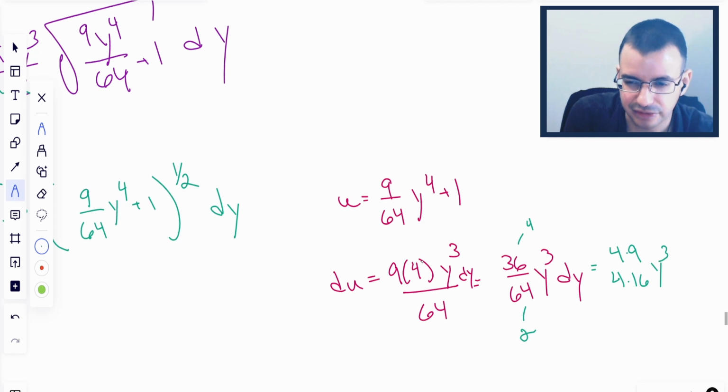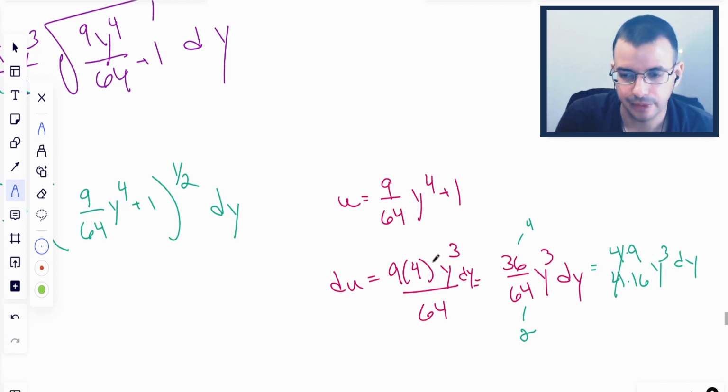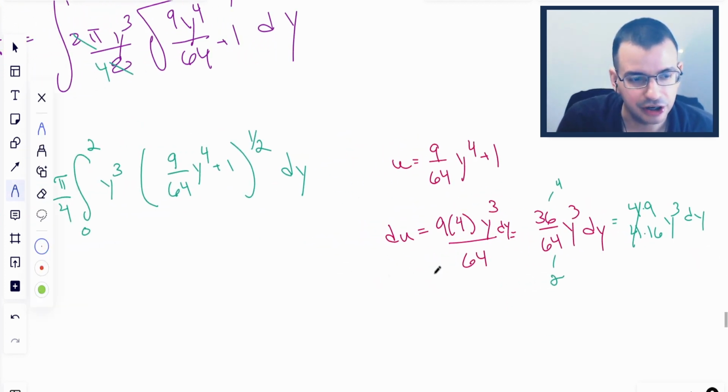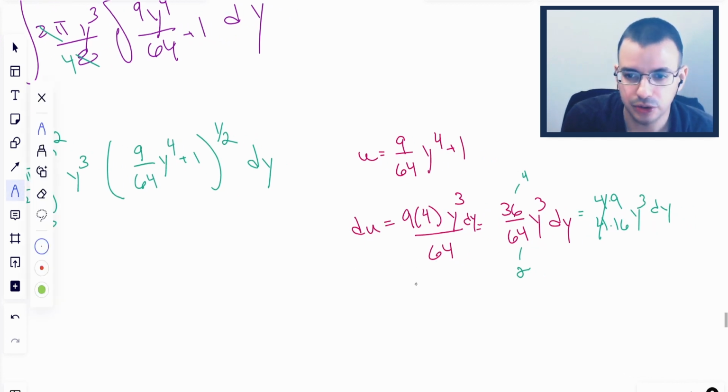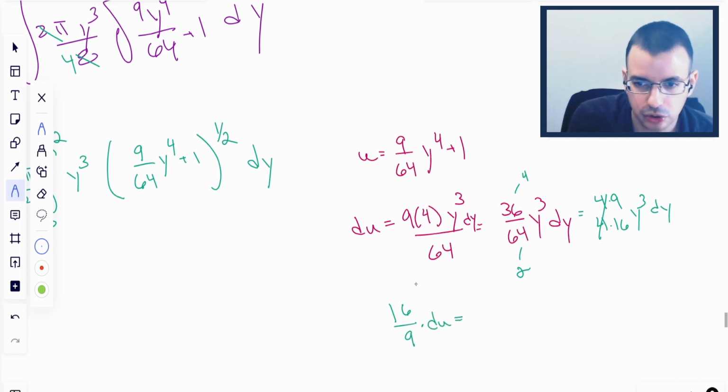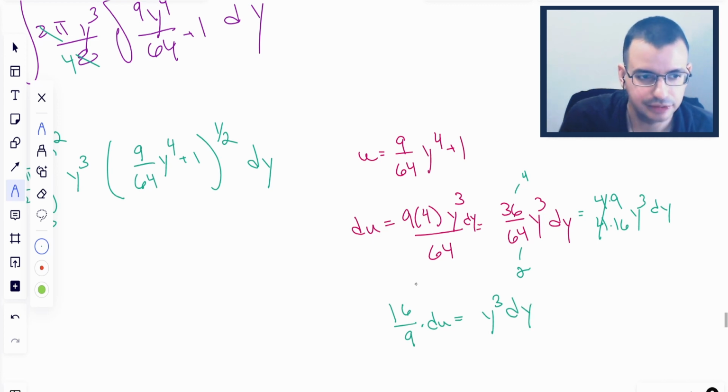I guess I probably could have figured that out. That's okay. We're going to go with this. The 4's cancel. And now we want to solve this for y cubed dy. So 16 divided by 9 times du equals y cubed dy.